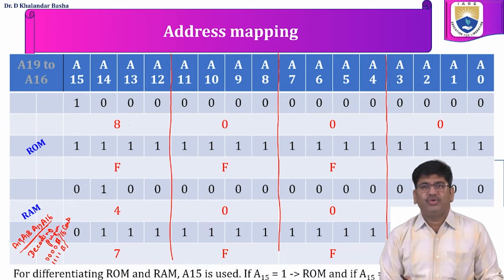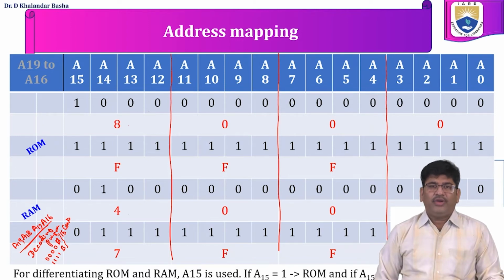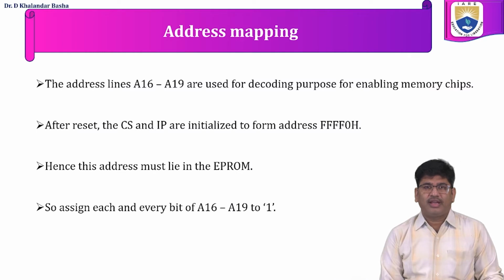A14 to A0 are required for the ROM block, A13 to A0 are required for RAM, and A15 we are using for differentiating whether the address is for a ROM block or RAM block. Now when we restart or power on the 8086 processor, the CS and IP values will generate FFFF0H.